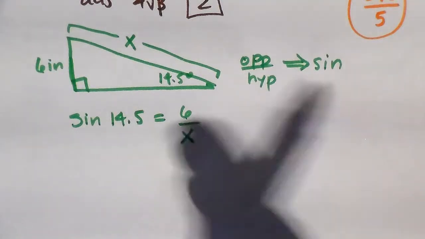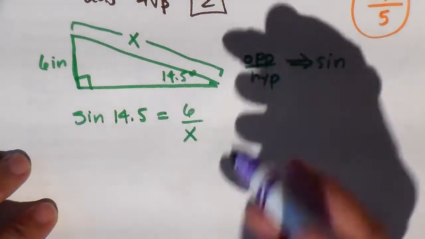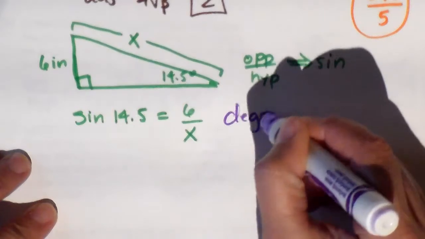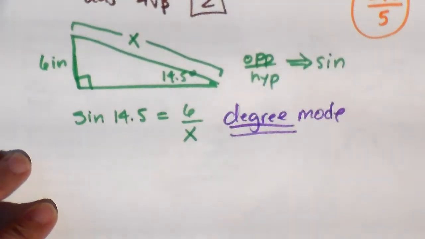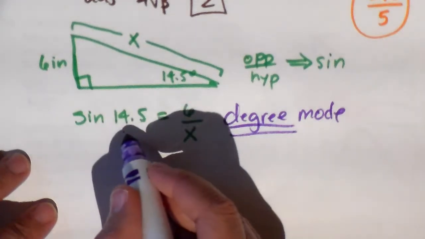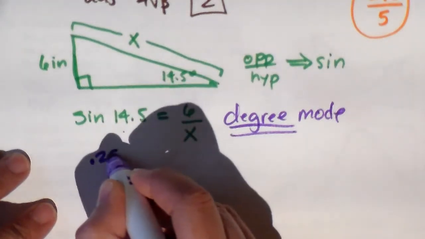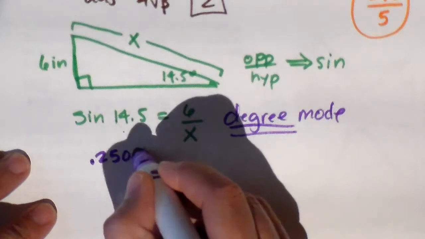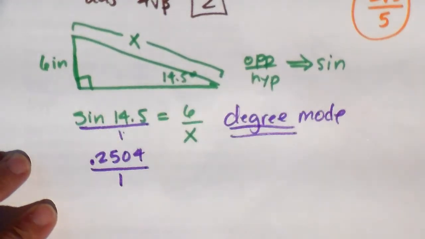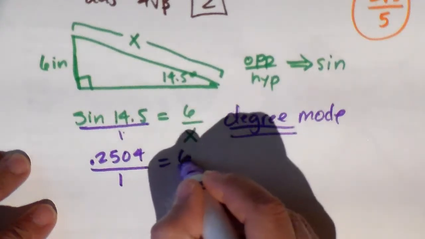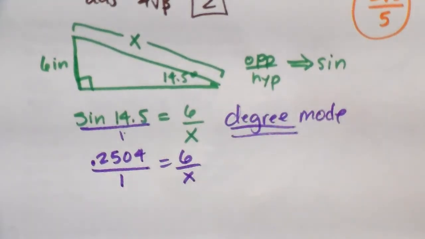If you put this in your calculator, make sure your calculator is in degree mode. When I plug sine of 14.5 in the calculator, I get 0.2504. Okay? I can put that over 1, right? And that's going to equal 6 over x.